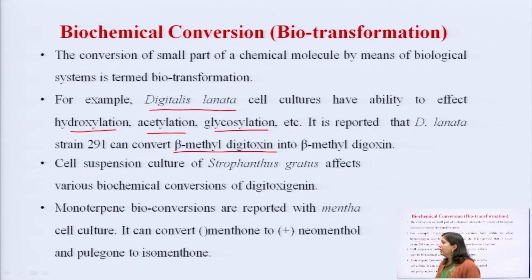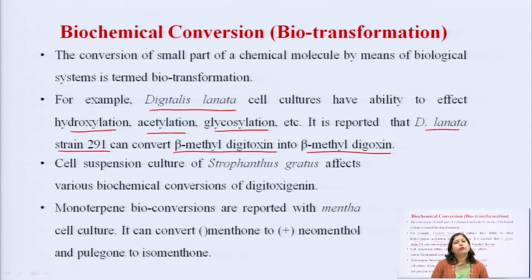For example, it was reported that in Digitalis lanata, if we used the strain 291, this strain could convert beta methyl digitoxin into beta methyl digoxin, and it has been observed that digoxin is more effective compared to digitoxin because of its less cumulative effect inside the body.